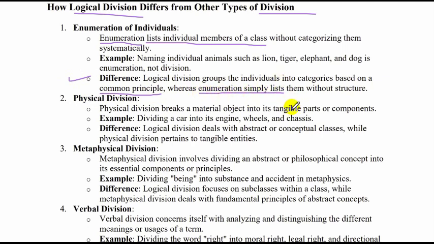Enumerate means to list them without any structure. So for example, all numbers are listed like 1, 2, 3, 4, 5, 6. We just list them in a normal division. But in logical division, we are categorizing these numbers into odd and even.